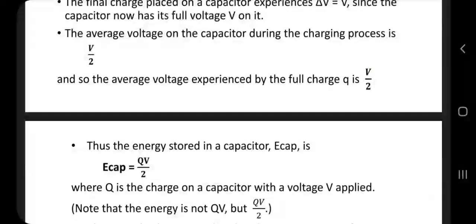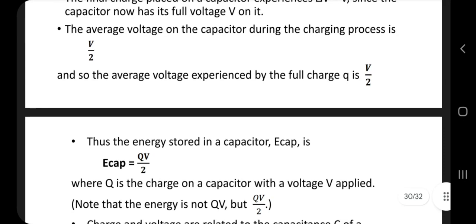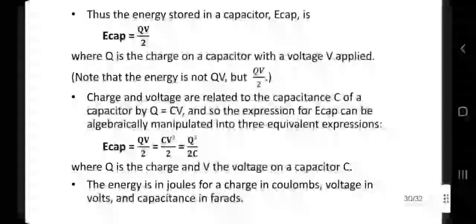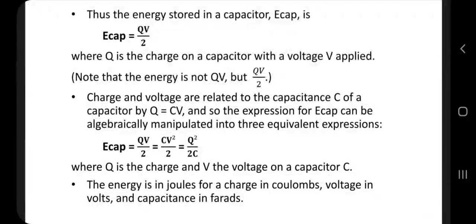And so the average voltage experienced by the full charge Q is V by 2. Thus the energy stored in a capacitor E cap is E cap equals QV by 2, where Q is the charge on a capacitor with a voltage V applied. Note that the energy is not QV but QV by 2.